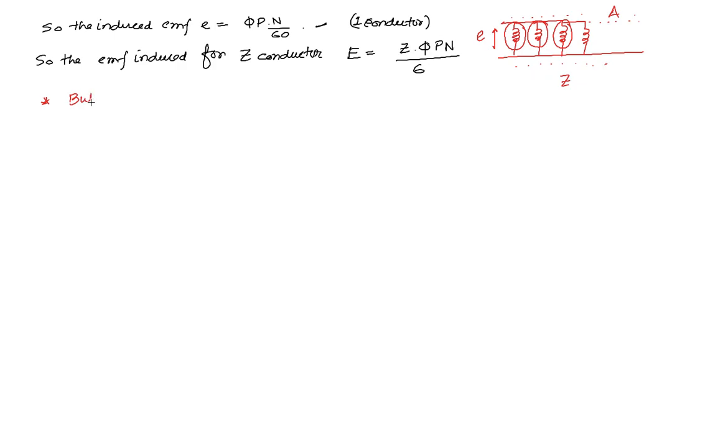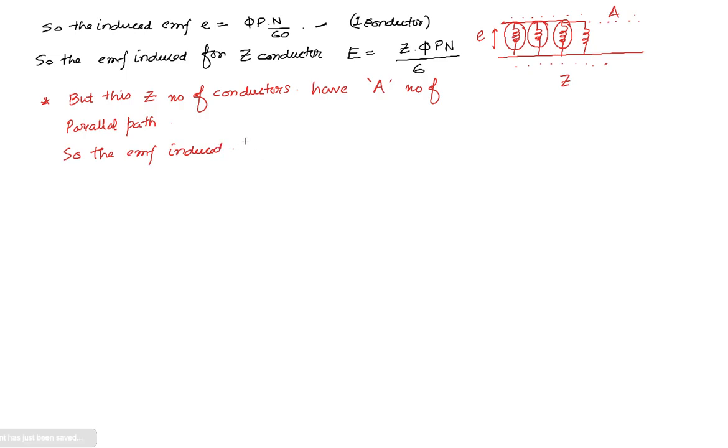Now from here the exact final EMF equation comes. These Z number of conductors have A number of parallel paths. So the EMF induced effectively is the EMF induced in each path.